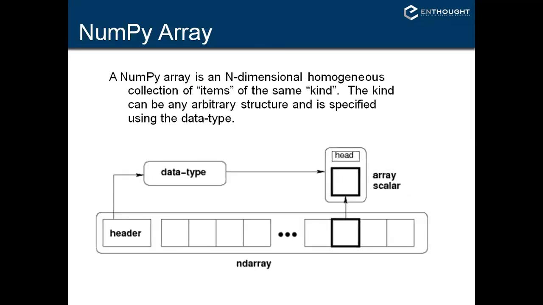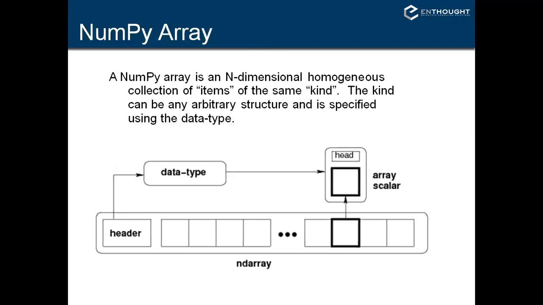Now let's talk about the NumPy array. We have already seen the concept of lists, dictionaries, tuples and sets, which are heterogeneous in nature. But when we talk about arrays, arrays are always homogeneous in nature. This means if you have defined it for one kind of data type, the array should consist of that.